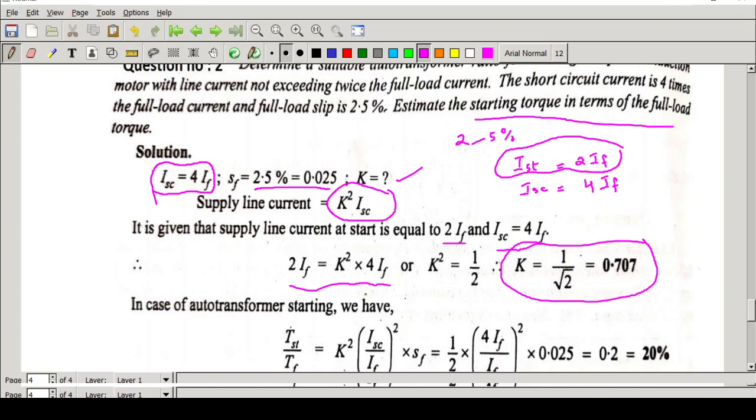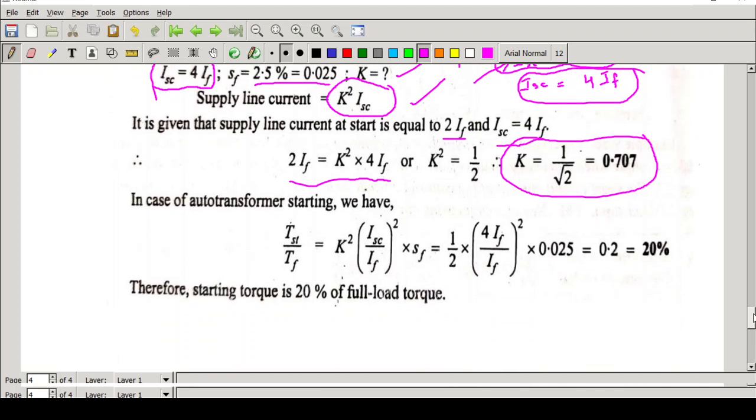So these two relations are given: starting current IST is equal to twice IF, and ISC is equal to 4 IF. Using those you can find the expression for K. You know that the supply line current IST can be put as K squared ISC. That is, K squared ISC will be equal to twice IF. Now instead of ISC you put 4 into IF. That is how you solve this equation.